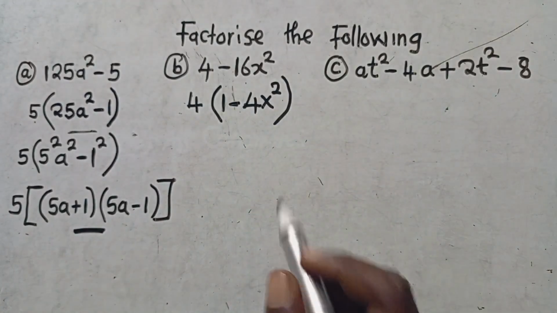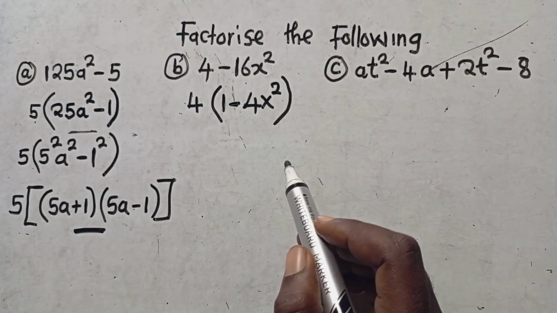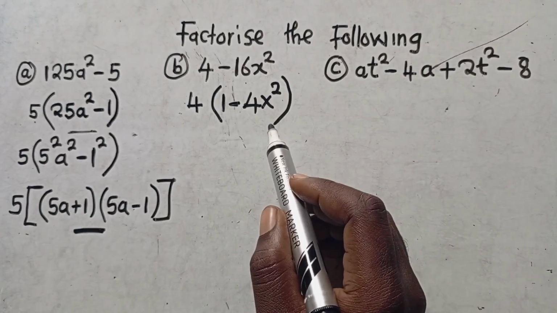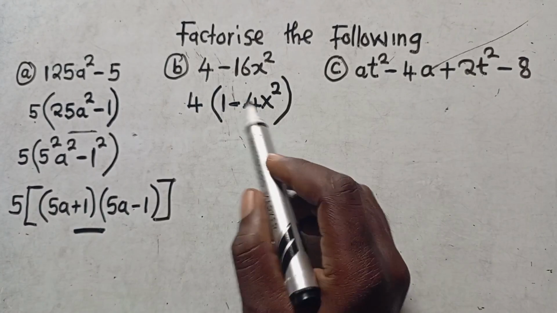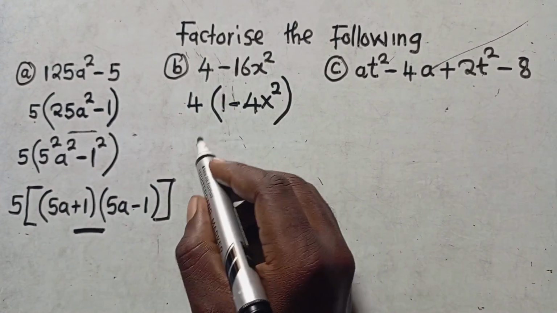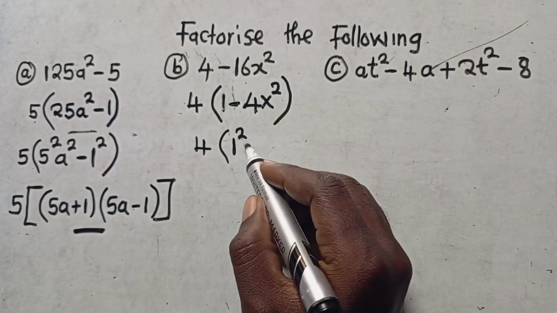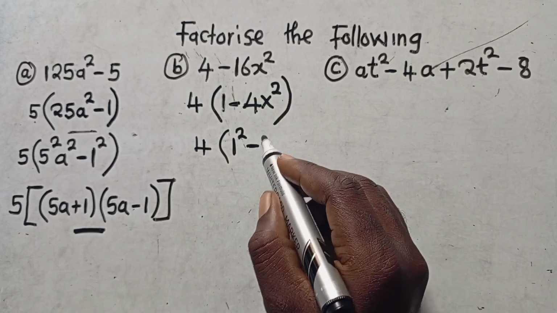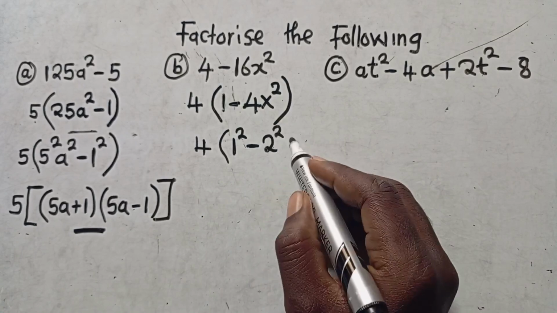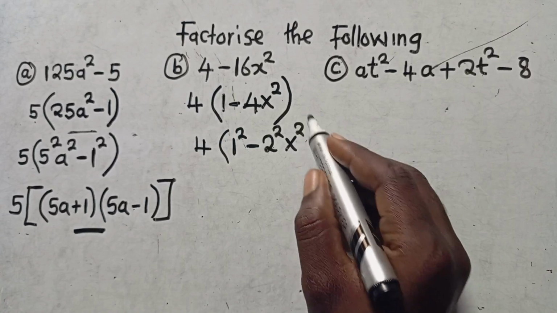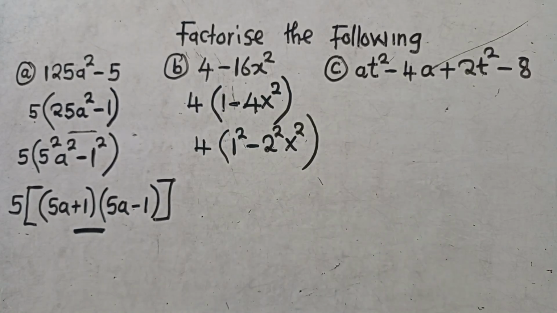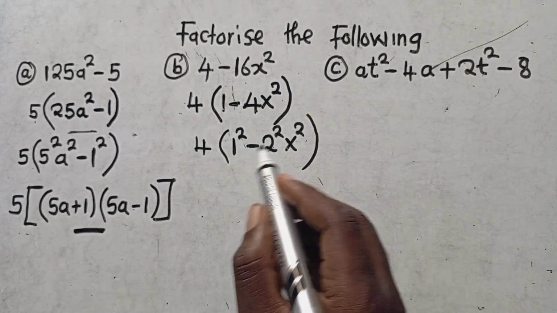So you ask yourself, can this be factorized further? Is this a difference of two squares? Is 4 a perfect square? Yes. Is 1 a perfect square? Yes. So you can say 4, open bracket, square root of 1 is 1, minus the square root of 4, which is 2, so 2 squared, then x squared. I just change the sign.